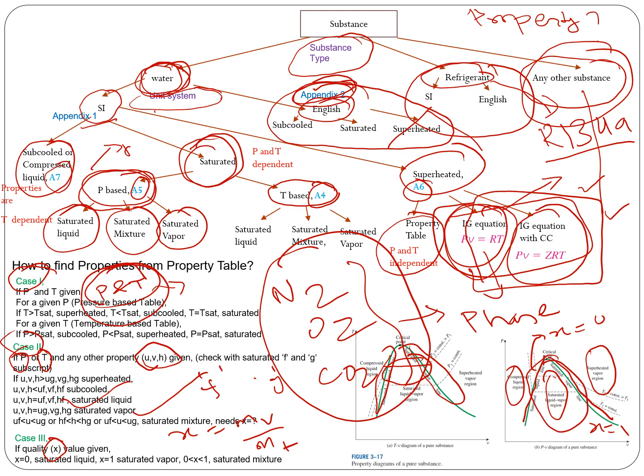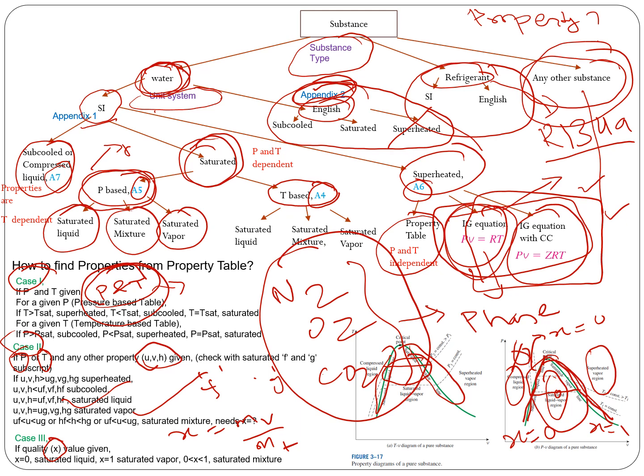The quality value is irrelevant in the subcooled region, and also irrelevant in the superheated region. The quality value is only relevant in the region between saturated liquid and saturated vapor, where saturated liquid has quality of 0 and saturated vapor has a quality of 1. In the middle, the quality would be 0.5 and so on.